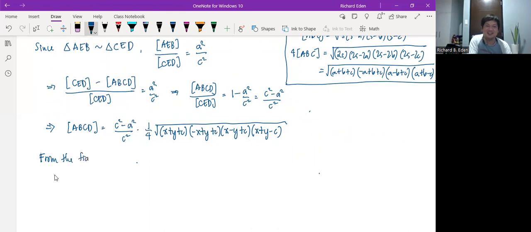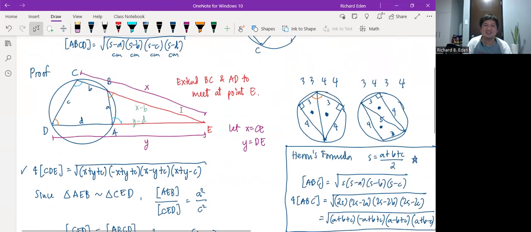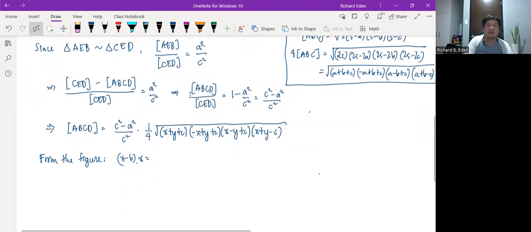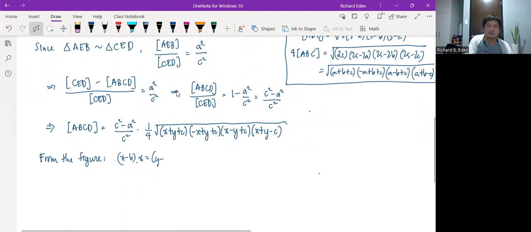Okay, so from the figure, X minus B times X equals Y minus D times Y. Kaso nga lang, to be able to eliminate, it's not so much X and Y themselves that we need to figure out.